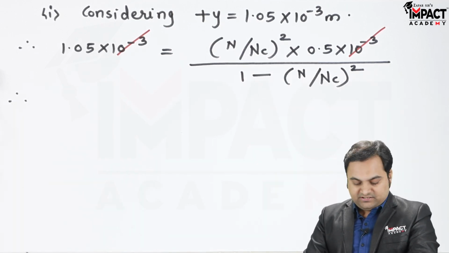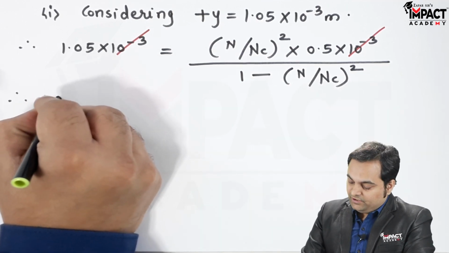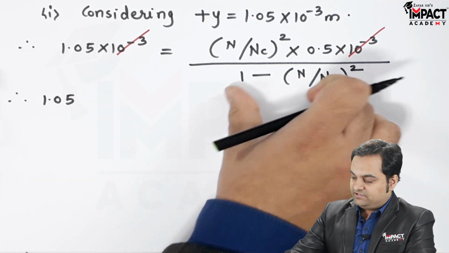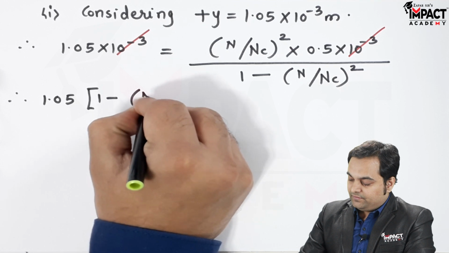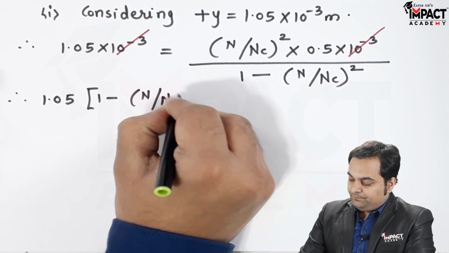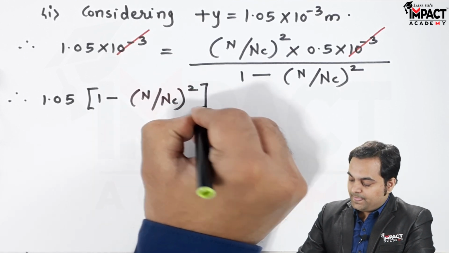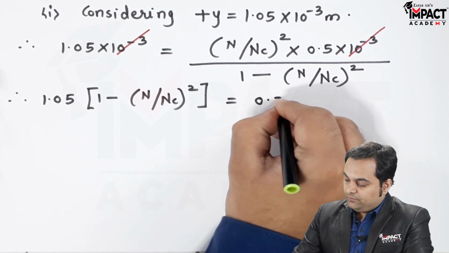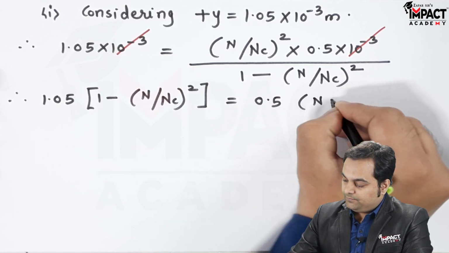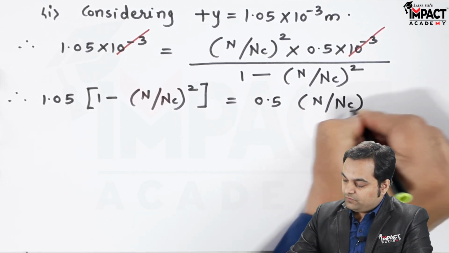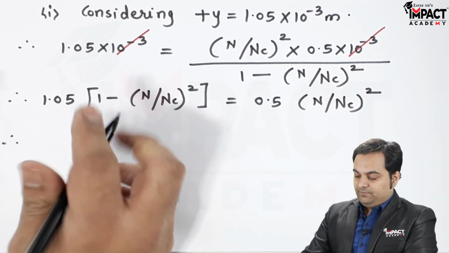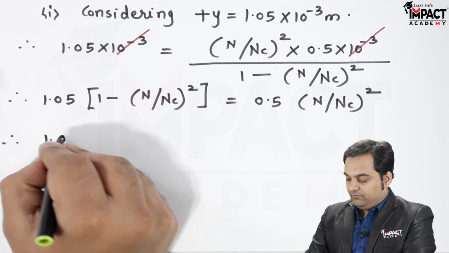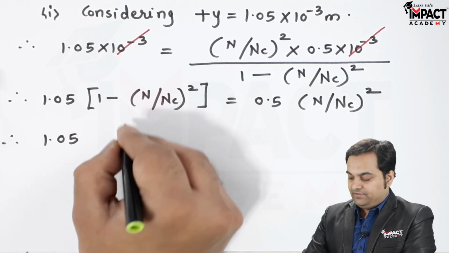So therefore I'll simplify it. Here we have 1.05 left. This entire term would be multiplied to the left hand side: 1 minus (n upon nc) the whole square, equal to 0.5. So now for the simplification part, here 1.05 gets multiplied inside.